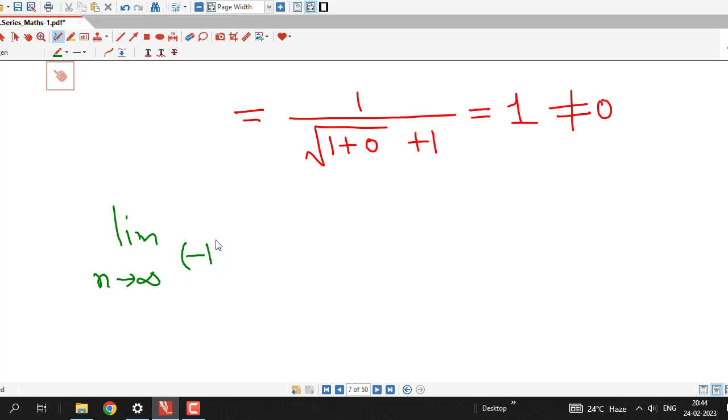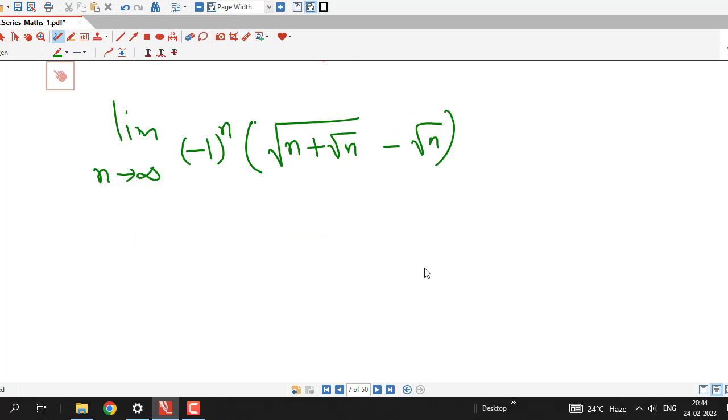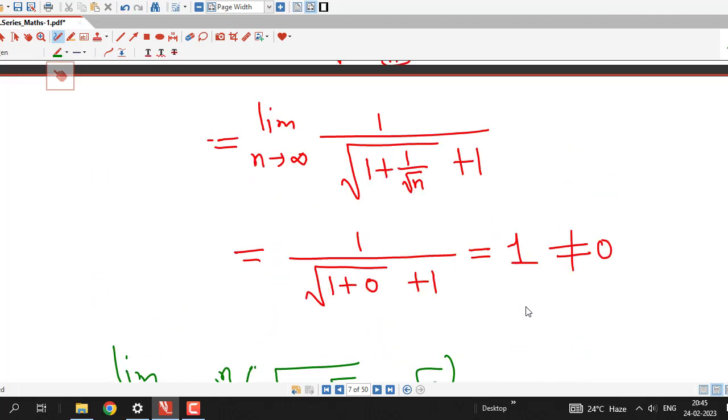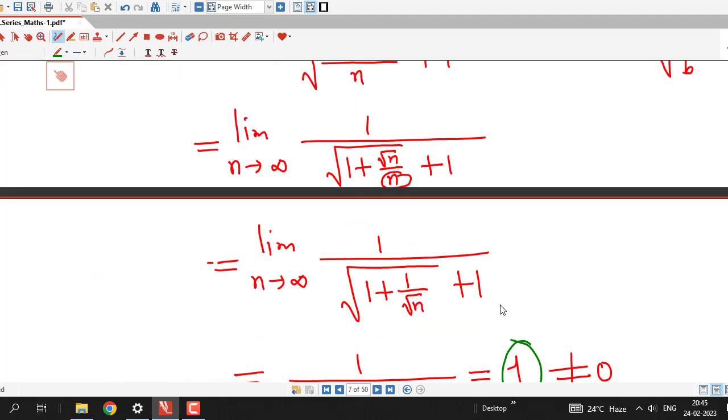The nth term of the given series is (-1)^n times (square root of (n plus square root of n) minus square root of n), and this we can write as limit n tending to infinity of (-1)^n times limit n tending to infinity of (square root of (n plus square root of n) minus square root of n), and we have just obtained the limit of this quantity, and that is equal to 1.